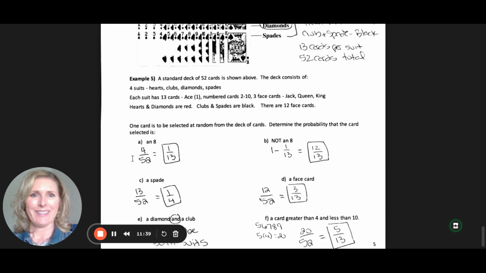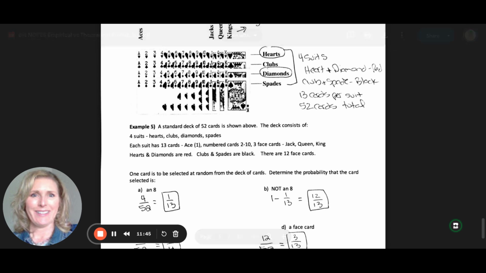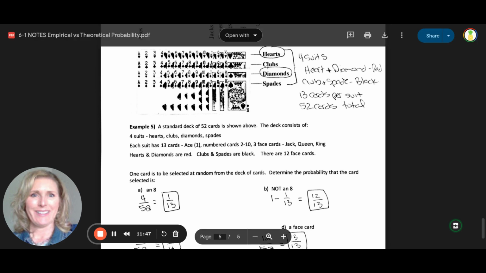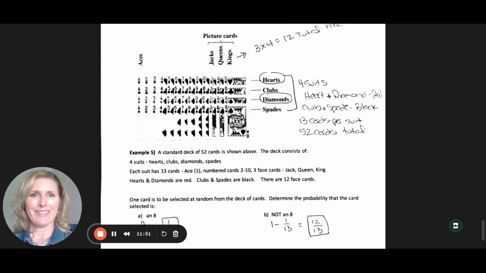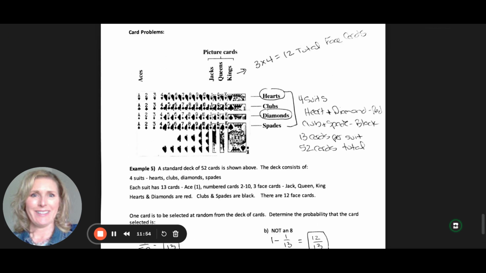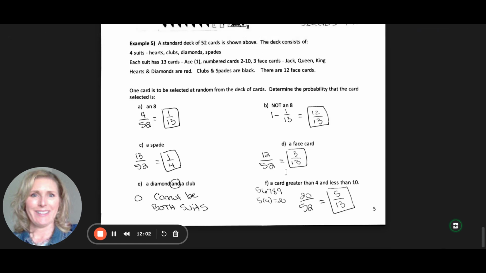Well, you could either reason through it and say, there are 4 different suits, and so a fourth of the cards are any of these suits. Or you could say there are 13 spades out of 52, and that still reduces down to 1 in 4. What's the probability that you get a face card? Up above, we said that there were 12 of them out of 52, and I reduced that. So the probability that I draw a face card is 3 in 13.